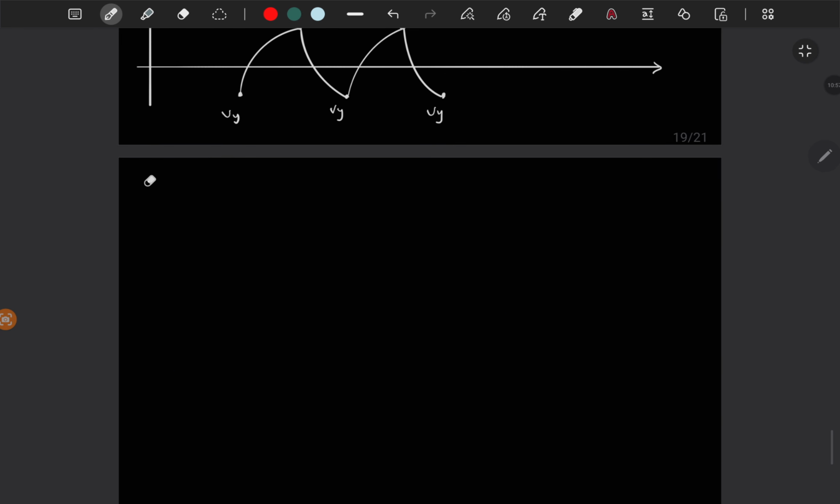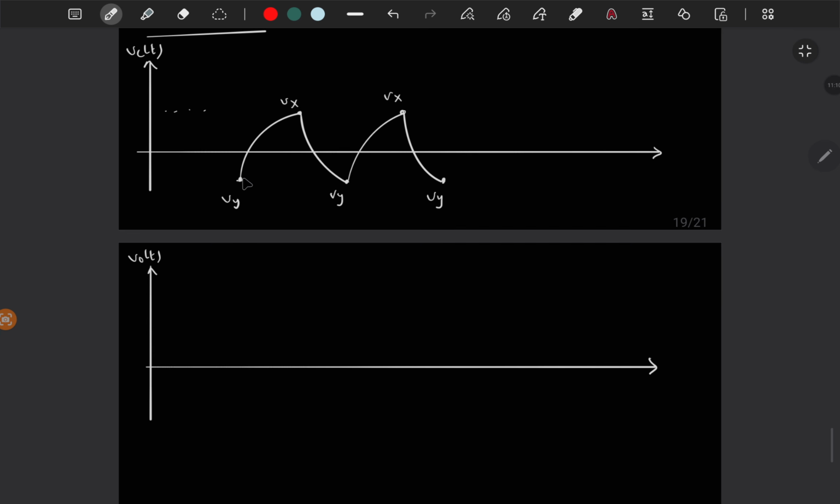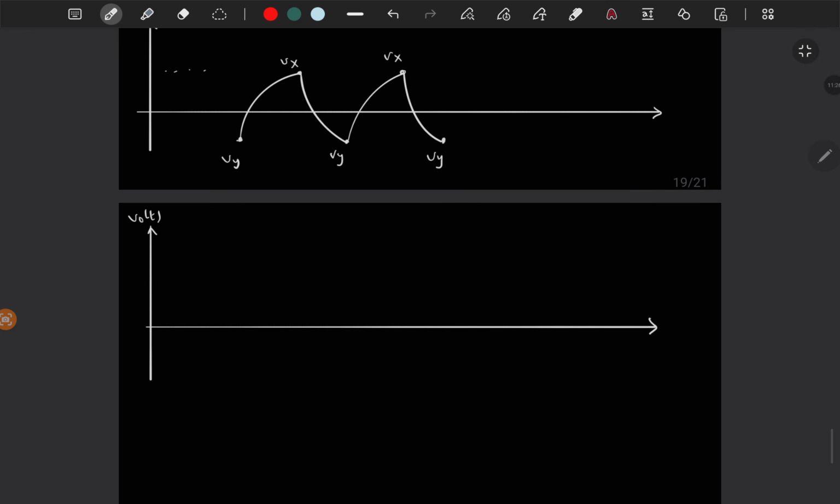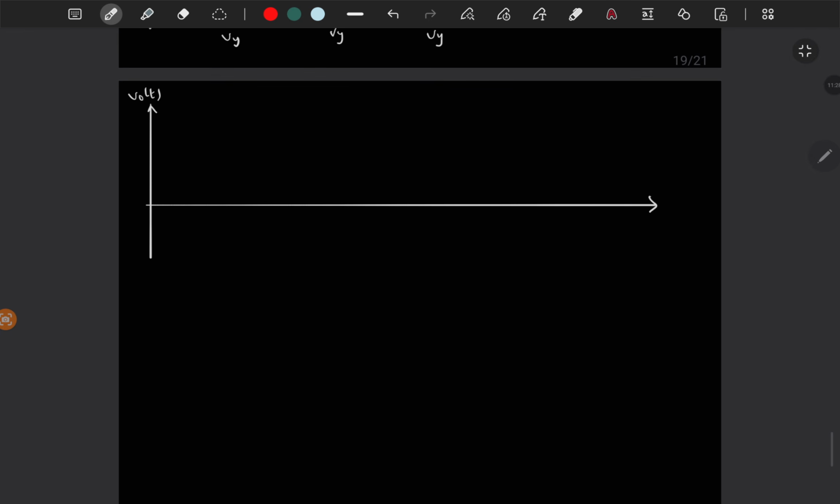So V0 of t is at steady state. So here I'm assuming the input voltage is minus 10 volt, right? That's why it starts discharging towards minus 10 and it reached to Vy. So at this point, at input value of minus 10 volt, what is the output voltage?